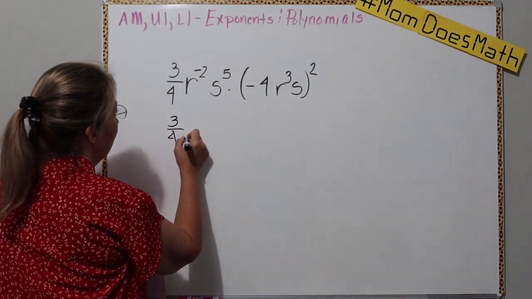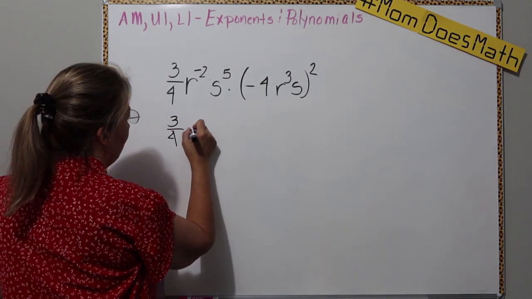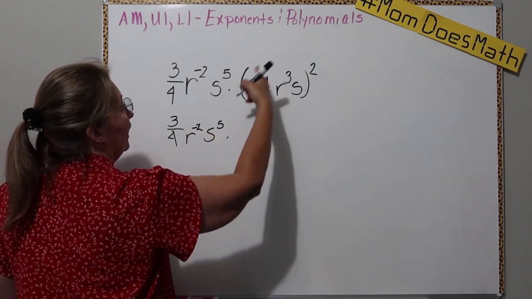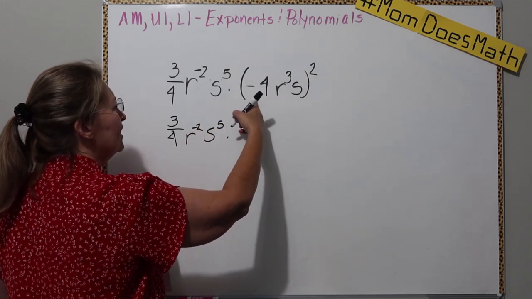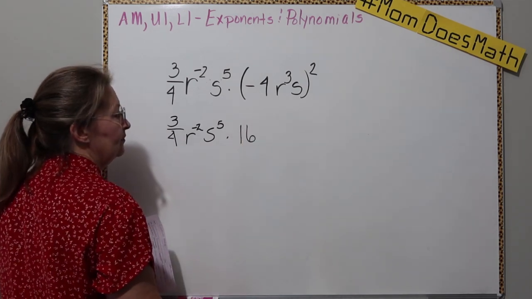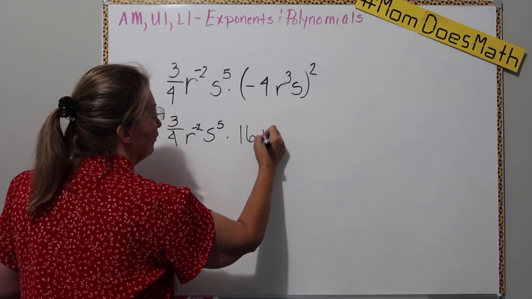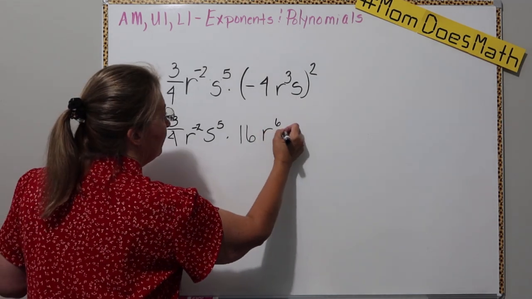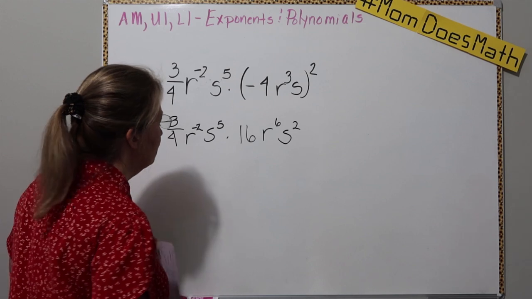This is not going to change at this point, so I'm just going to copy it down as it is. Now, when I bring this in here, when you square negative 4, that makes it positive 16. When you square r to the 3rd, that's going to give you r to the 6th. And when you square s, that'll give you s squared.